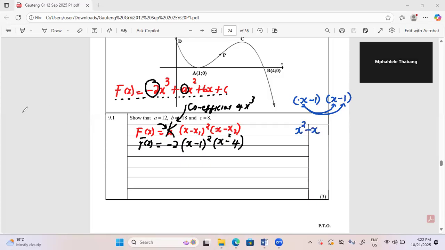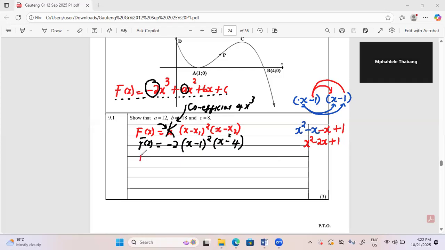You do the same thing with negative 1: negative 1 times x is negative x. Negative 1 times negative 1 is positive 1, which gives x squared minus 2x plus 1.